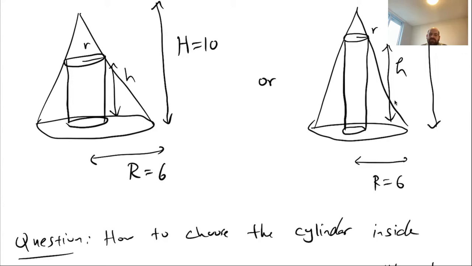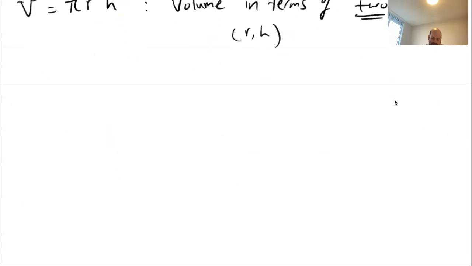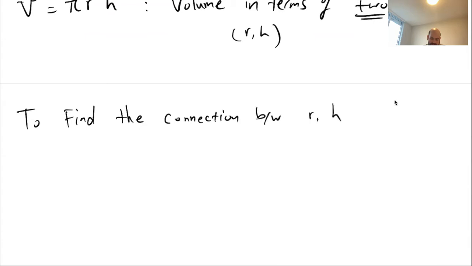Why? According to the similar triangles. Look at here. If you look at these triangles here. So to find the connection between r and h, consider the following similar triangles.